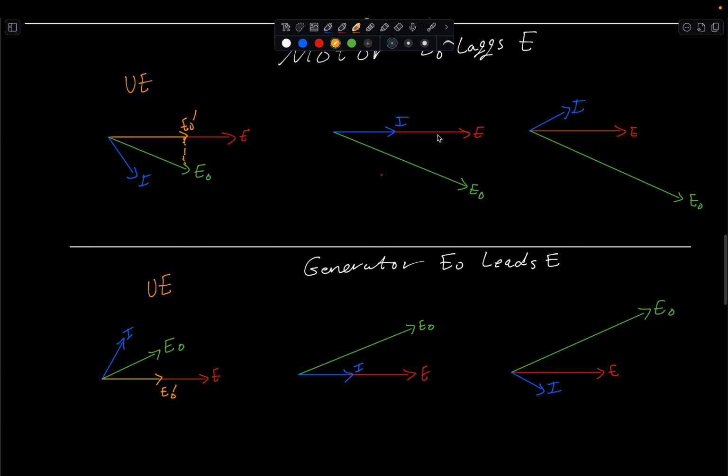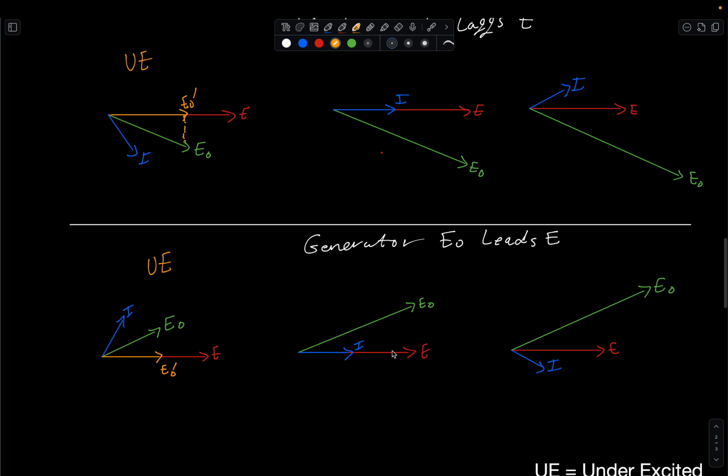Going back to this section right here, we know that this is a motor and this is a generator, but is it considered underexcited versus overexcited?